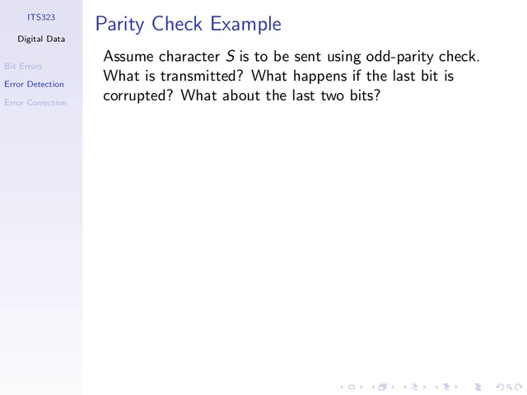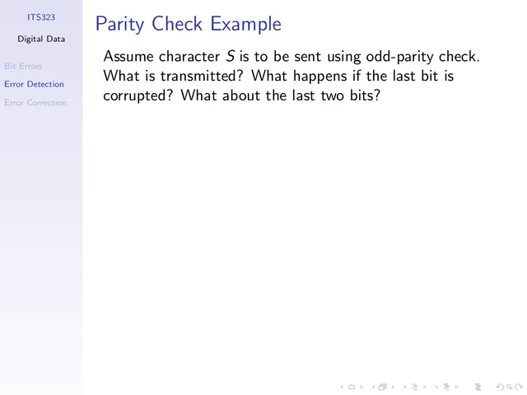If we go back to the ASCII table in one of our previous lectures, it gives us the mapping of all the English characters and other keyboard characters to binary values. So this question says assume the character S. I don't have the answer for S. I do have the answer for another character.